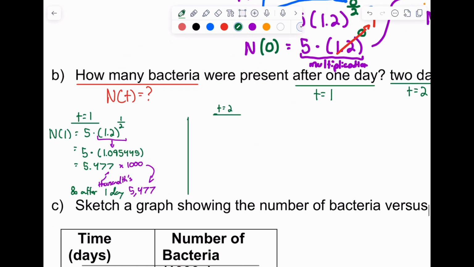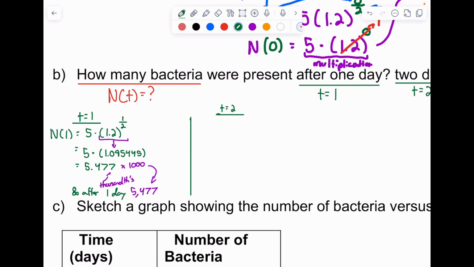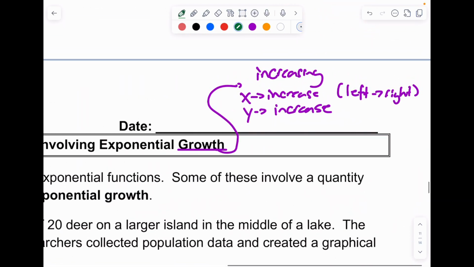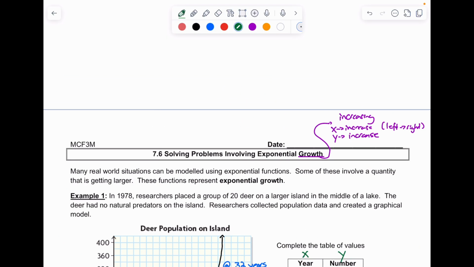Let's see if, as x values increase, do our y values increase? Because if your x increases and your y increases, then you are a growth. You're an exponential growth.